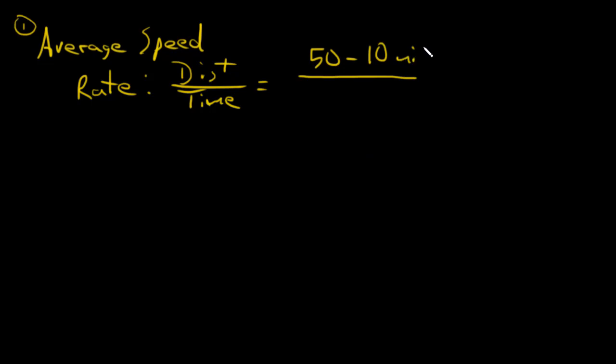That's miles. And then how much time had elapsed? Well, the time was 8 a.m. for the second one. This is going to be a little bit weird because I have to do this in hours because it's miles per hour that I want.